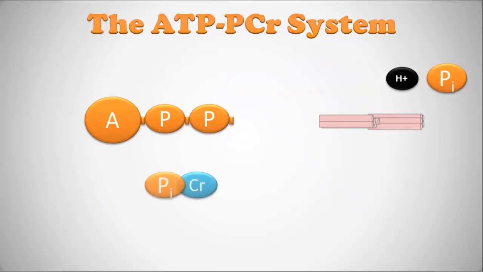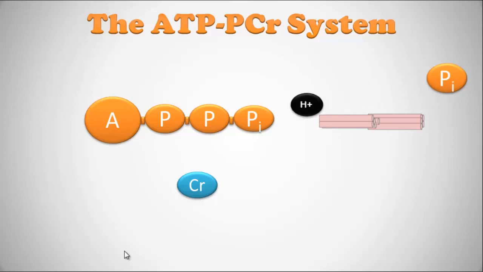So what's the next thing that happens? Well, we have these molecules inside the muscle called phosphocreatine. It's bound to 1 phosphate molecule and 1 creatine molecule. Together we get PCr, or phosphocreatine. So what happens? We have a special enzyme called creatine kinase that splits apart phosphocreatine. And what that does is allow this new phosphate to be bound to ADP to create this new ATP molecule.